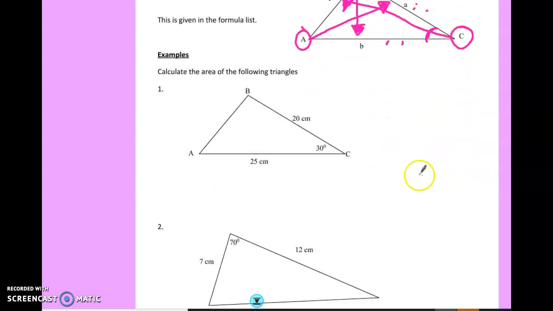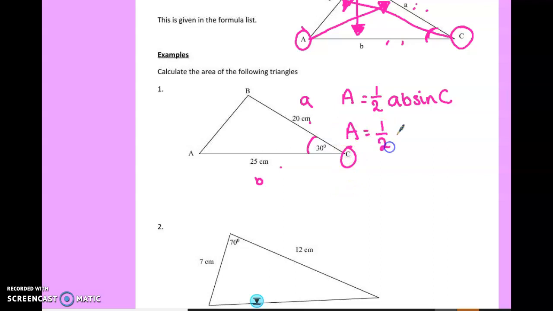Okay, looking at our first example then. We've got triangle ABC here. One side's 25, one side's 20, and the angle in between them is 30 degrees. So my area is a half ab sine C. Now this one does match up. There's side b, there's side a, there's angle C. It's going to be a half times 20 times 25 sine 30 degrees.